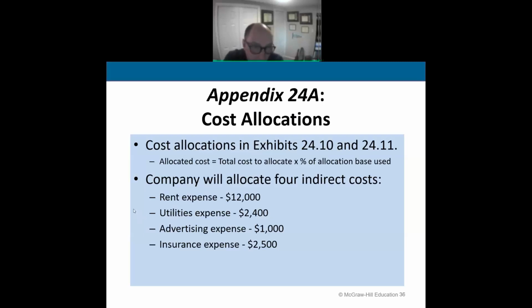When we talked about cost allocations earlier, there's of course a formula involved. And we talked about this. How do we figure out how much cost needs to be allocated? We take the total cost to be allocated times the percentage of the allocation base used.